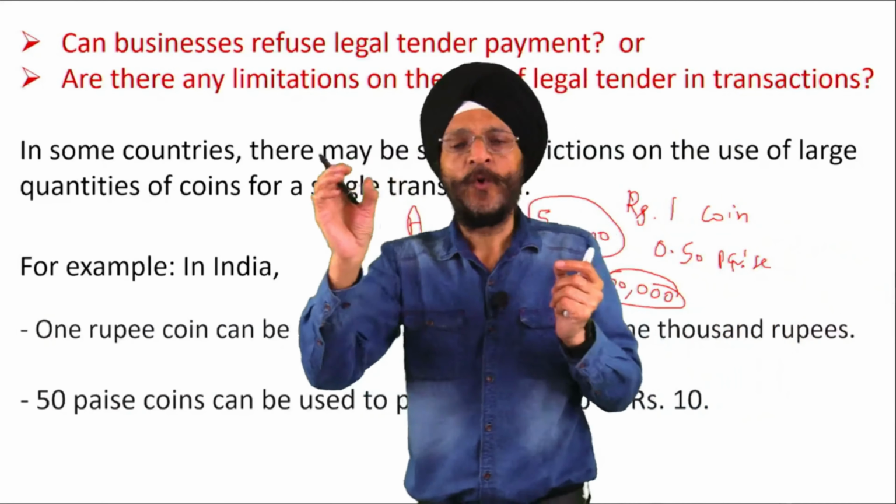For example, in India, 1 rupee coin can be used to pay for items up to 1000 rupees. It is as per the rules framed by the central bank or the government of India.